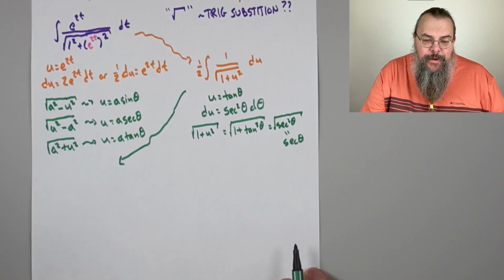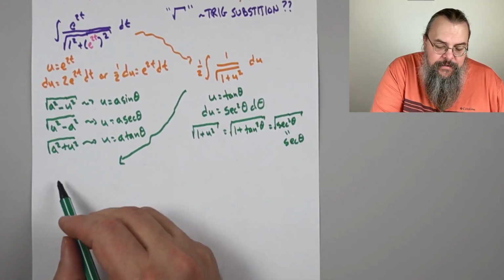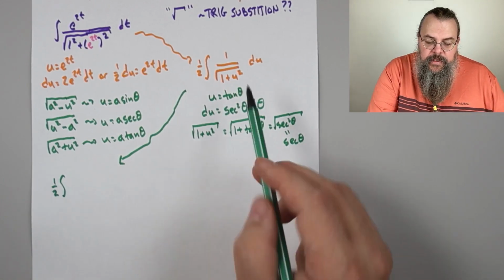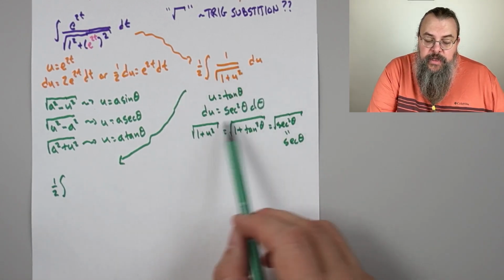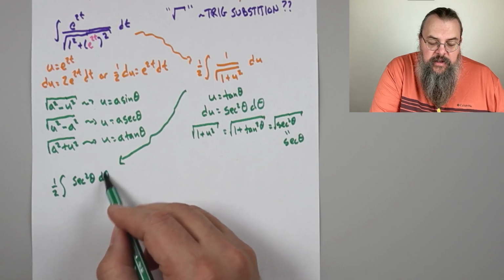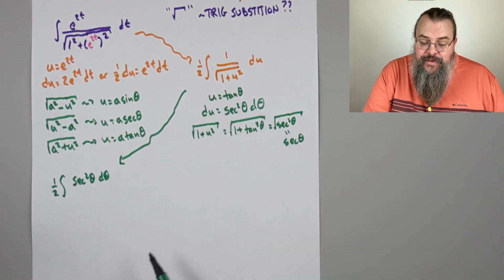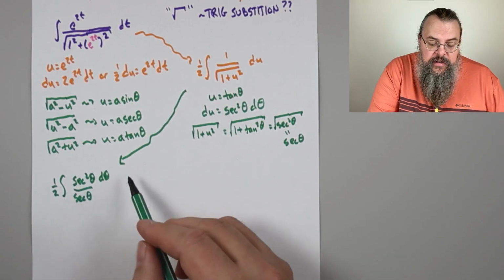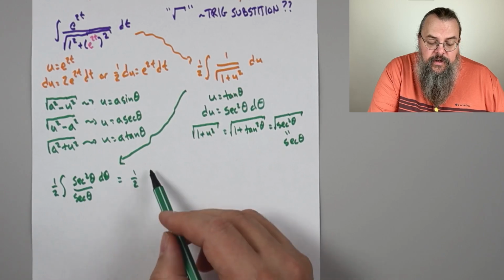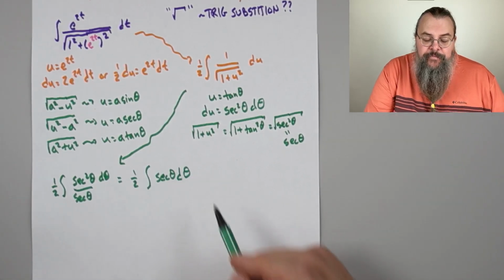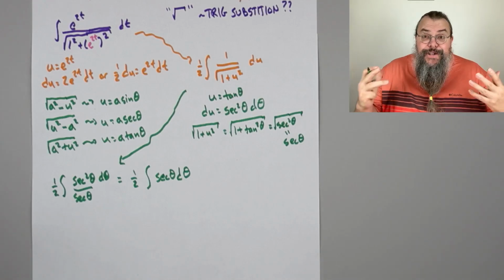We have the 1/2 still out in front of the integral. The du becomes secant squared theta d theta. The square root of 1 plus u squared becomes secant theta. And we say, hey, what do you know? That is secant theta. Brilliant!